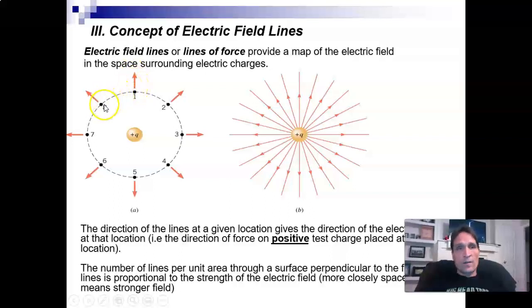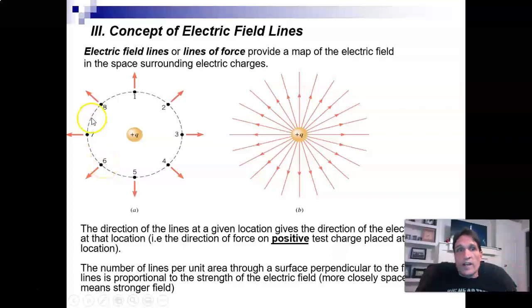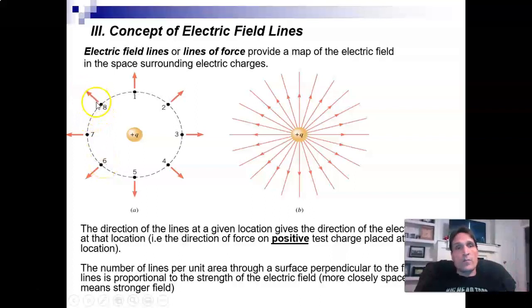Then we can go on to point 8, point 7, point 6, and we can assign vectors whose direction is the direction of the field and the length is the magnitude of the electric field at each location. And so every point in space is assigned a vector which tells us the magnitude and the direction of the electric field produced by this positive charge.